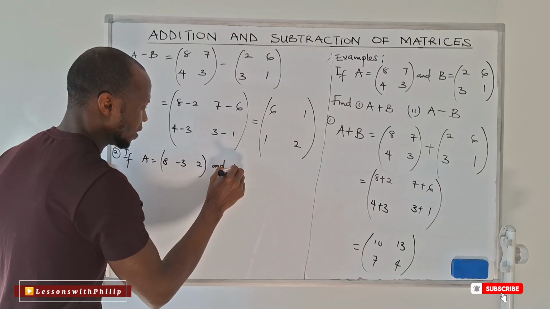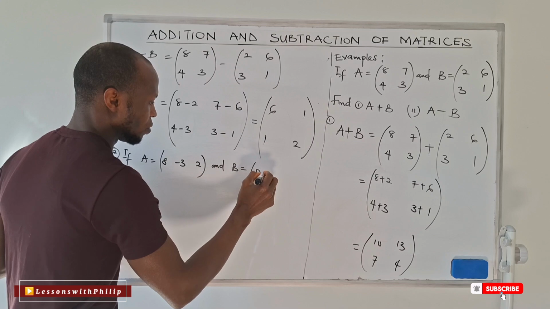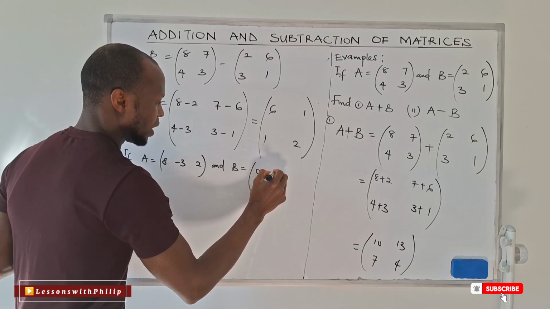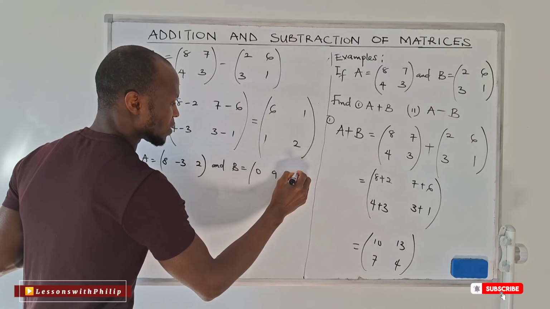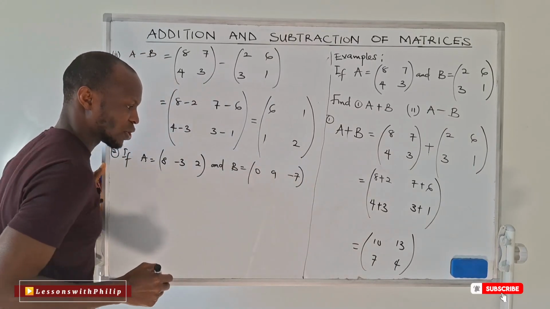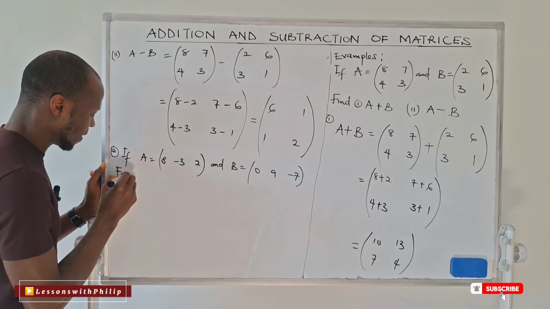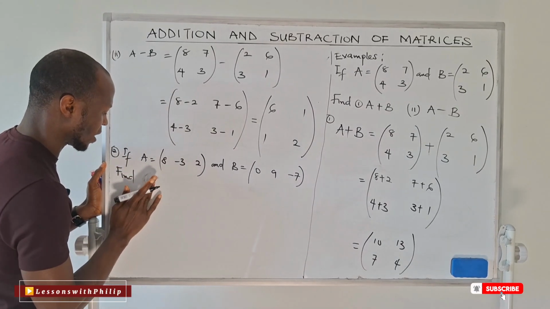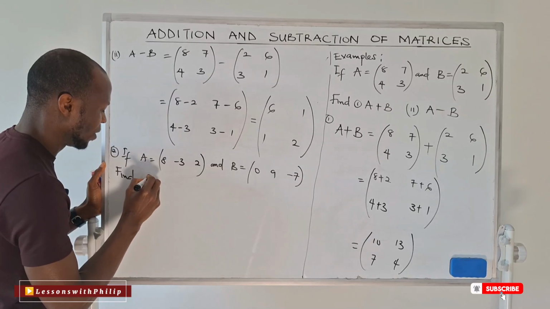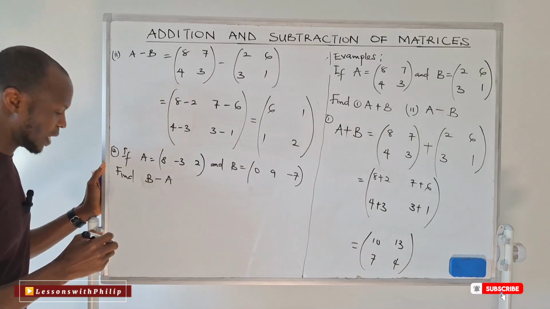And B equals to, assuming we have 0, 9 and minus 7 as the second matrix. This time around we have to find B minus A. Okay? What will be my B minus A?